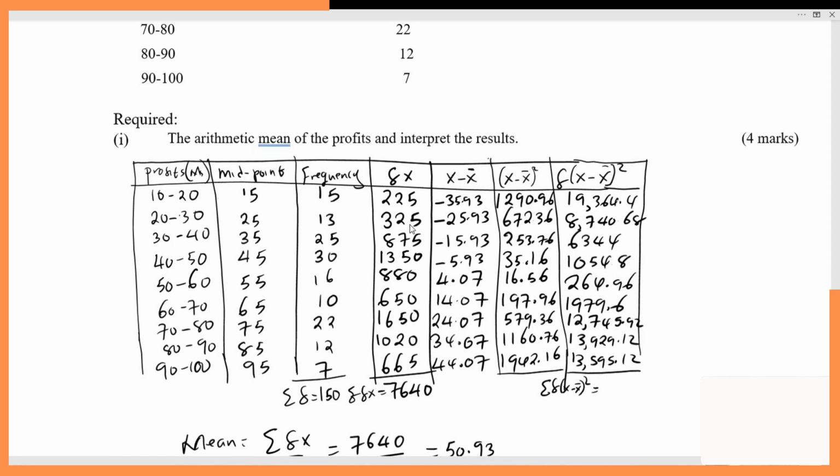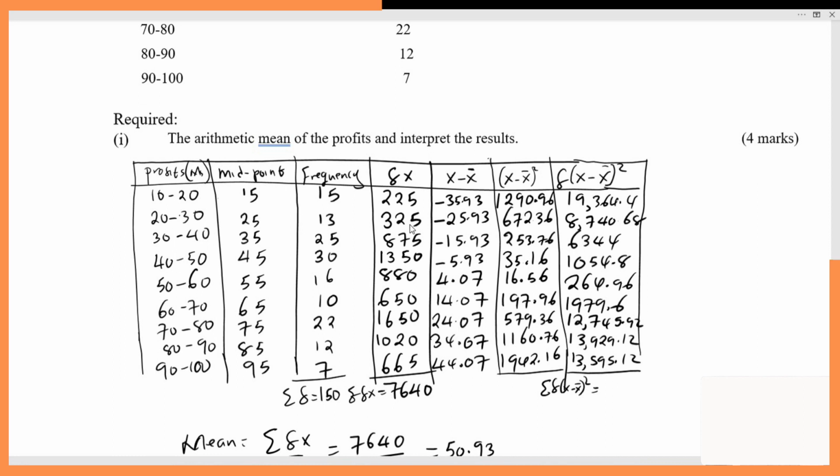This one plus 13,929.12 plus 12,745.92 plus 1979.6 plus 264.96 plus 1054.8 plus 6344 plus 8740.68 plus 19,364.4.